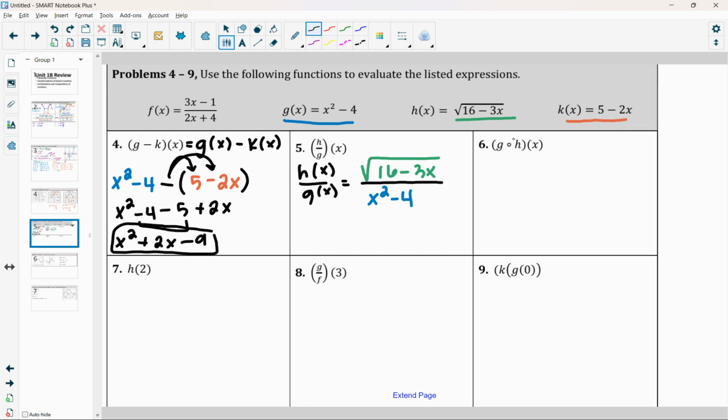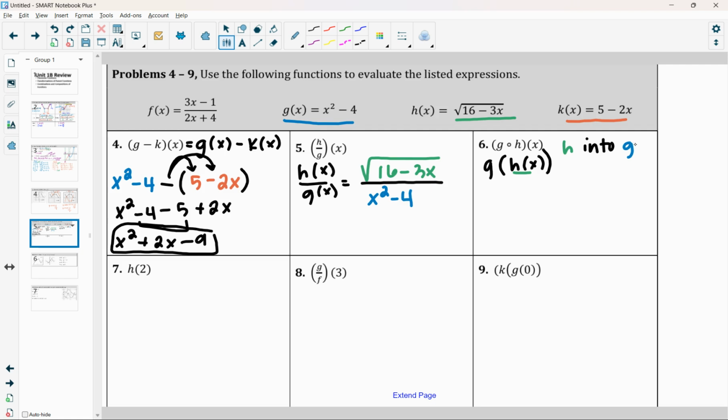When you see this open circle here, this means g of h of x. It means that h is going into g because h is on the inside. So h is going into the g function. So what I like to do is start with the outer function.